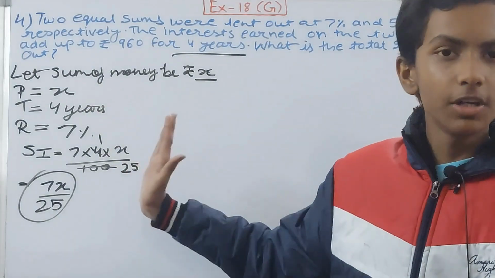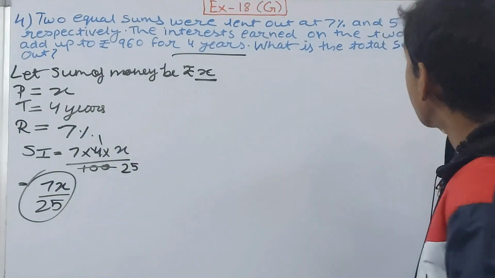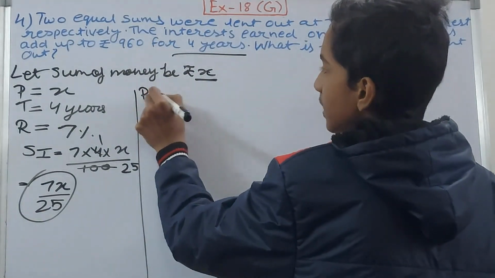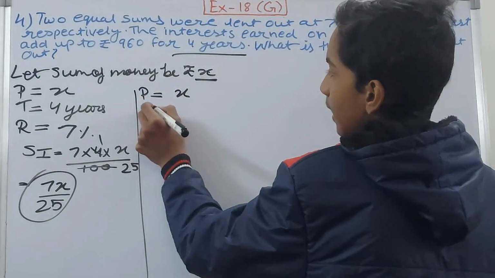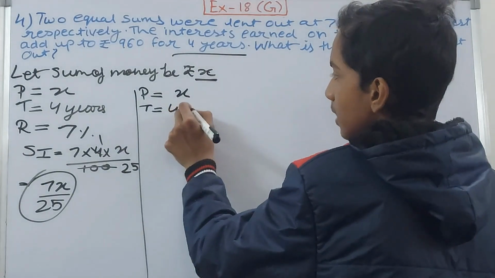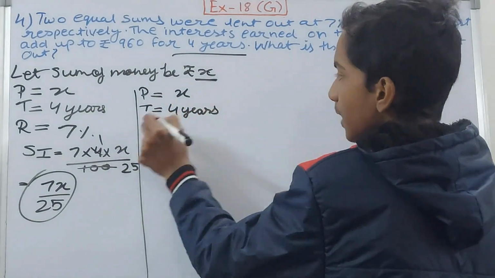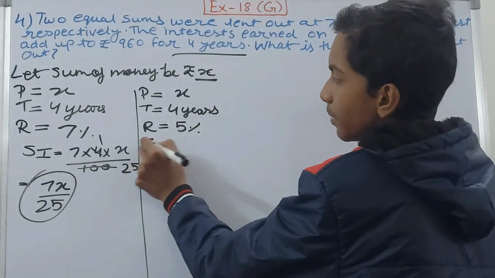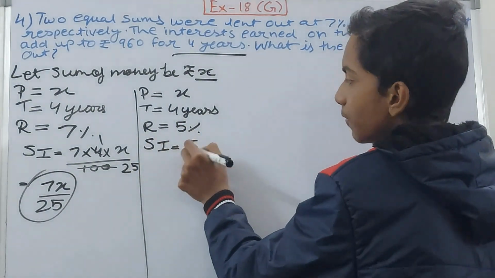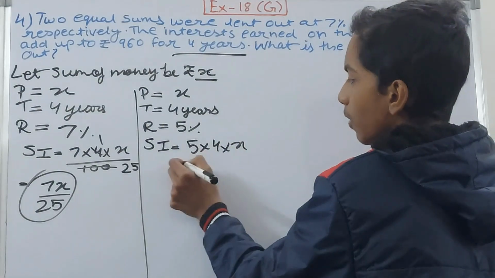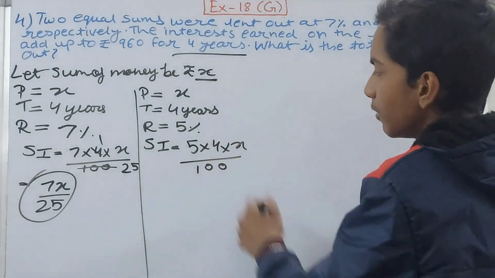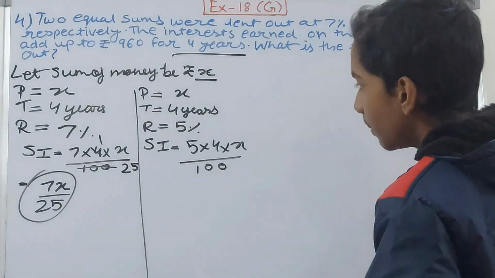Now we will find simple interest on this 5% rate. Same thing here, principal will be the same, that is x. The time will also be the same, that is 4 years, but the rate will change to 5%. Again simple interest becomes PRT, so 5 into 4 into x upon 100. Again you can cancel 100 with 5 or 4, totally up to you.